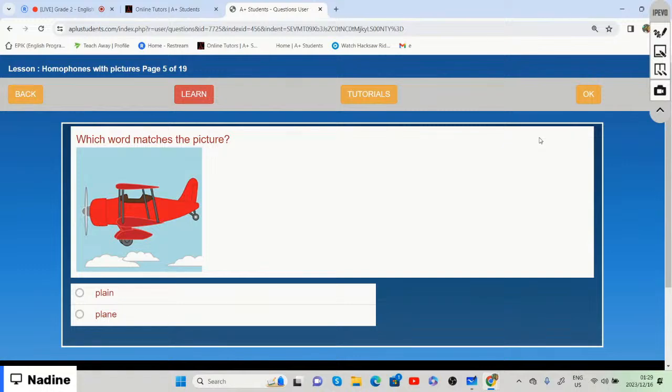Plain. Option 1, plain, or option 2, plain? So plain, which is the first option, or plain, which is the second option?